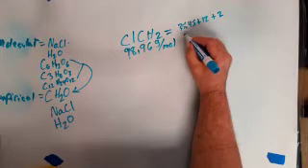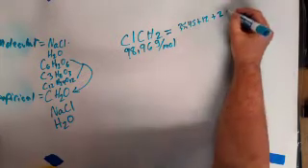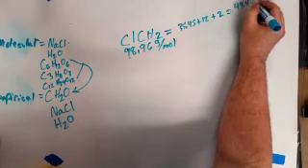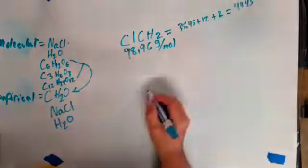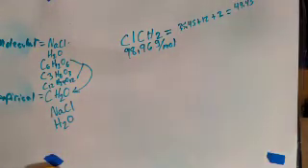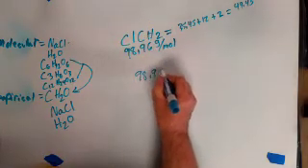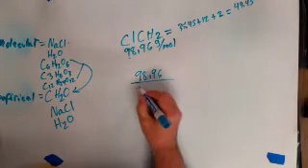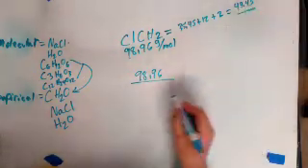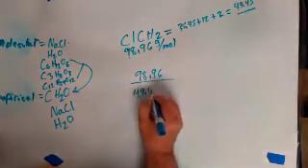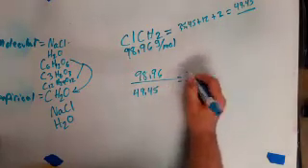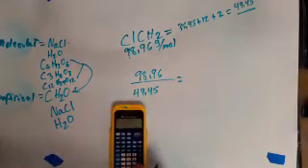So that would be 49.45. Okay? And so then we're going to take the molar mass, 98.96, and divide that by the empirical formula mass, 49.45. So 98.96 divided by 49.45.